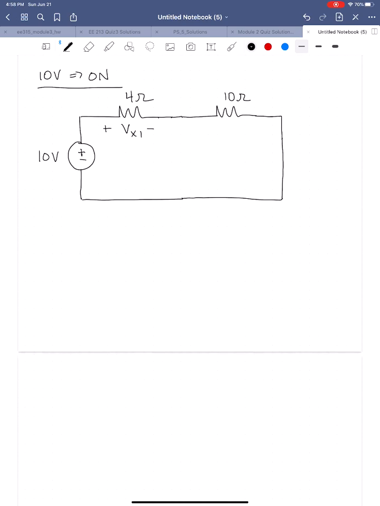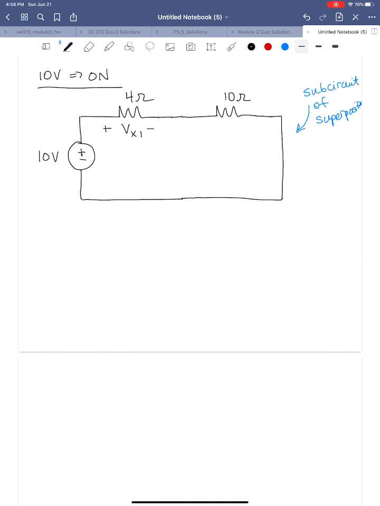Now I like to call these the subcircuits of superposition. Depending on how many independent sources you have, that's the number of subcircuits to solve for. We have 3 independent sources, so we will have 3 subcircuits.